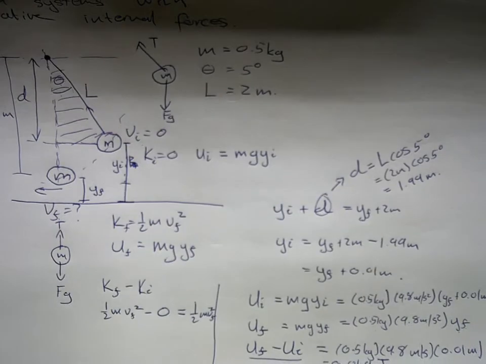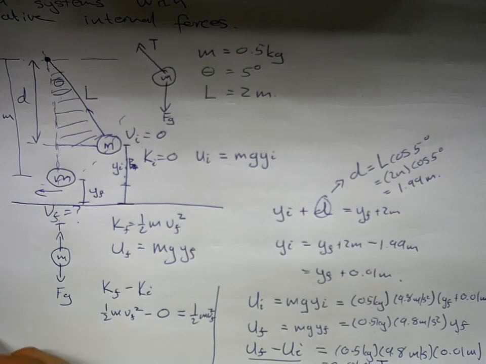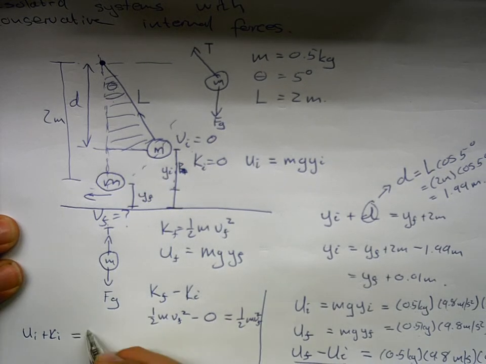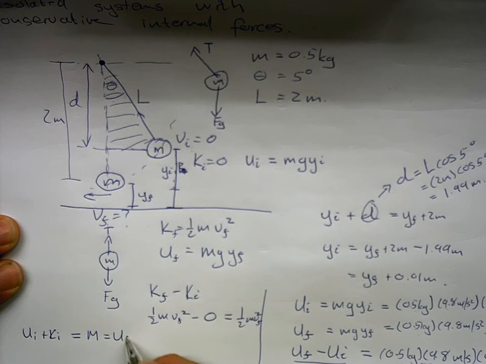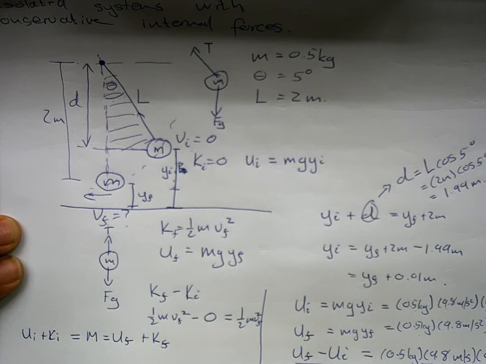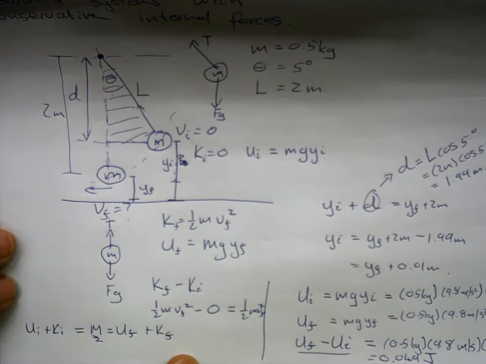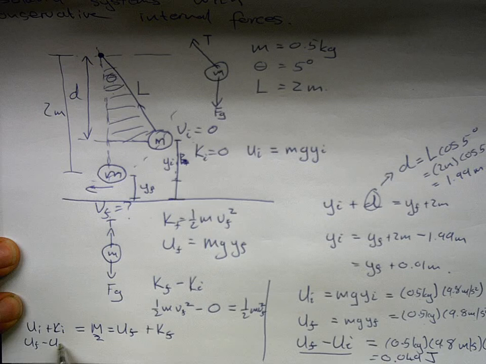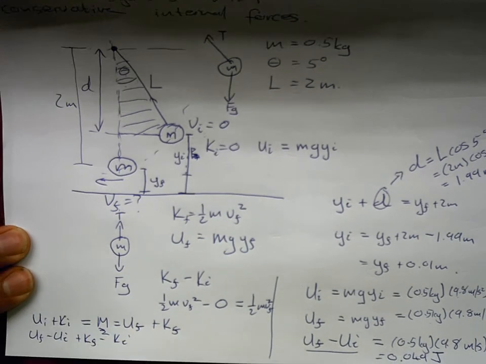But we also know that if at any time I add the potential energy plus the kinetic energy, because it is an isolated system with only internal forces, this sum must give me the mechanical energy, and it must be equal to the potential energy at a later time plus the kinetic energy at a later time. And that number must always be the same. It's not allowed to change. So this means that U final minus U initial plus kinetic energy final minus kinetic energy initial is equal to 0.